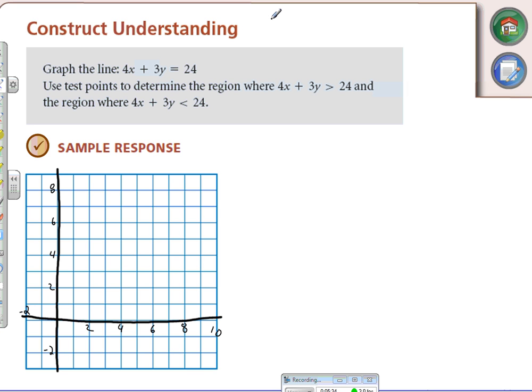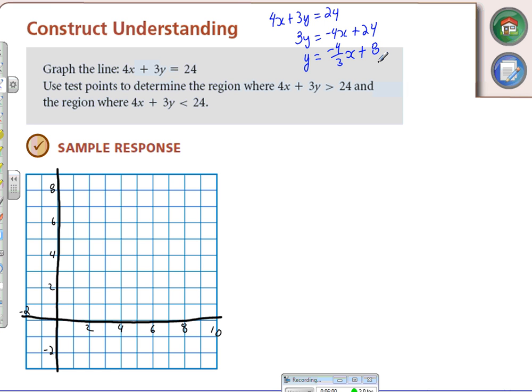Now, I'm going to take it into slope-intercept form. We need to isolate the y. So 3y is equal to negative 4x plus 24, divided by 3. Y is equal to negative 4 over 3x plus 8.